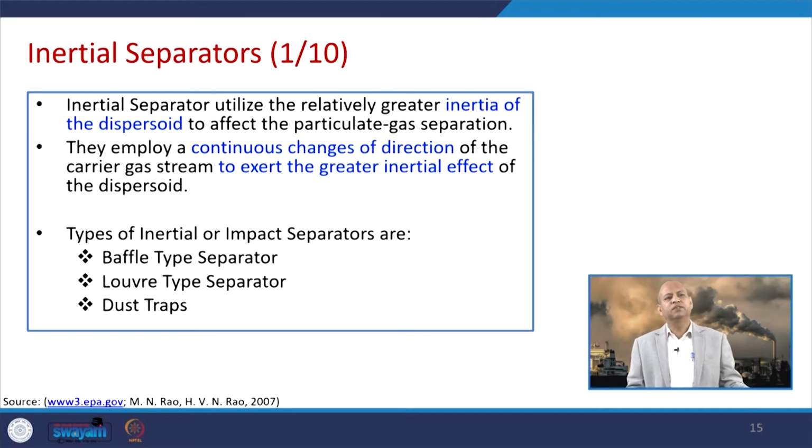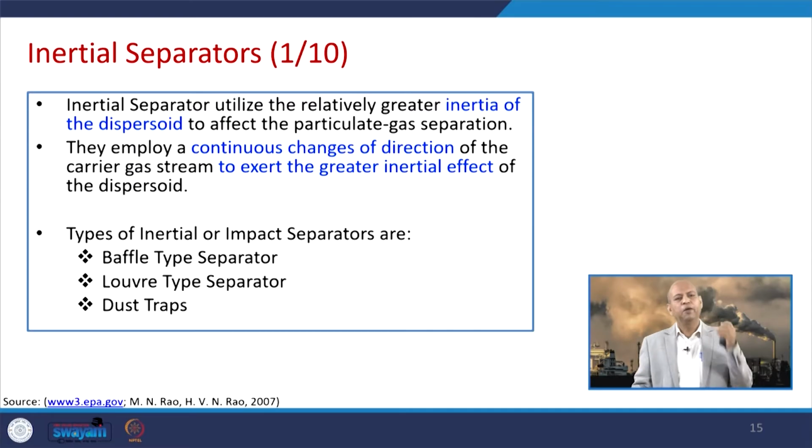Then we come to another device which is known as inertial separators. So, these inertial separators basically utilize the relatively greater inertia of these dispersoids, those fine particles, to effect the particulate gas separation, and they employ continuous changes of direction of the carrier gas stream to exert a greater inertial effect on the dispersoid or particles, because impact will be more if we change its direction, if we provide some baffle walls or those kind of things.